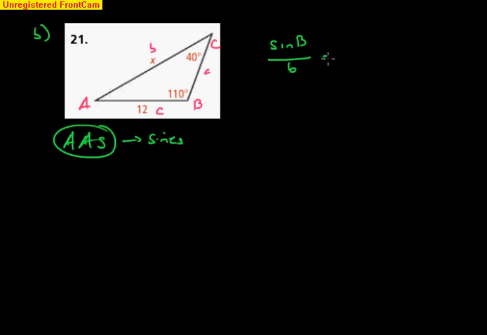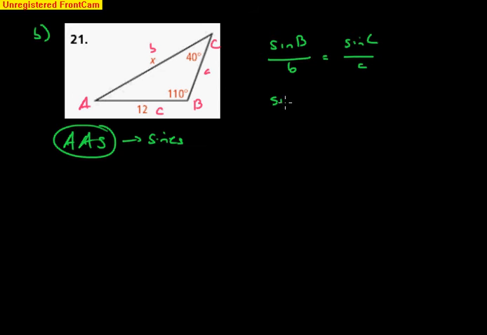Sine of b over b equals, and now I look at my a's and my c's. If I look at a, I don't know angle a and I don't know side a, so probably not going to use the a's. If I look at my c's, I know angle c and I know side c, so I'm going to use my c's. Sine of c over c.